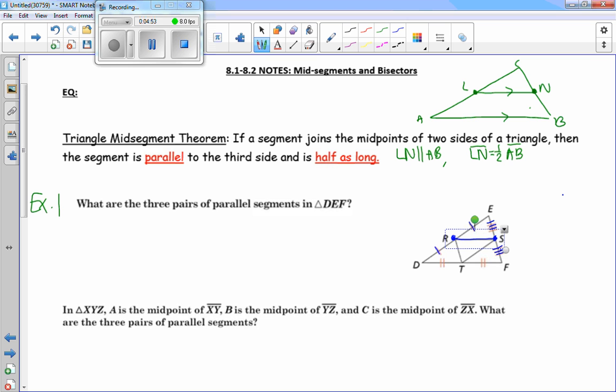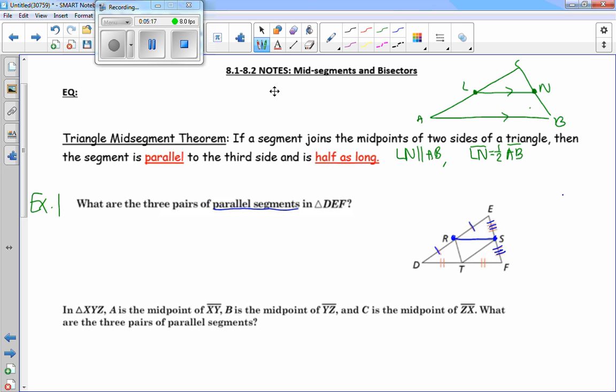Mid-segment. Okay? Now because of the theorem, we're looking for parallel segments. RS has to be parallel to what? DF. You can call it DF, but short is DF.